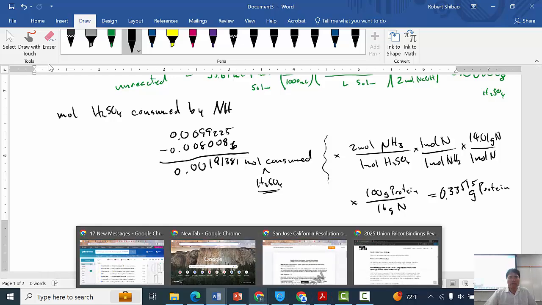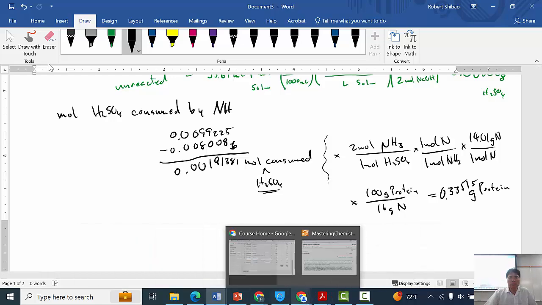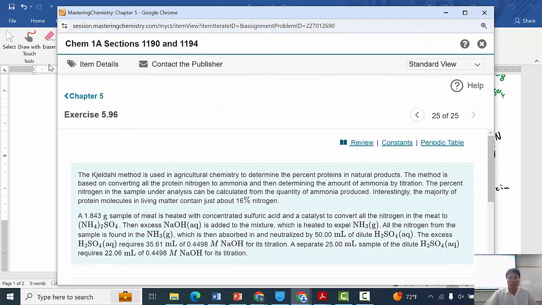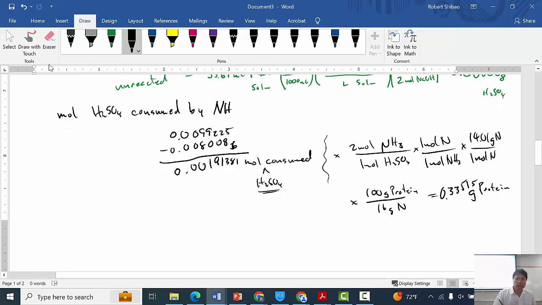the total mass is to get the percentage. So looking up the total mass here, 1.843 gram sample of meat. This seems low. The percent protein is the grams of protein over the grams of meat.